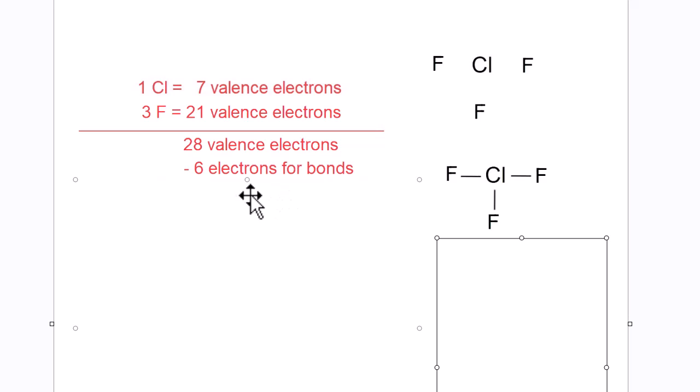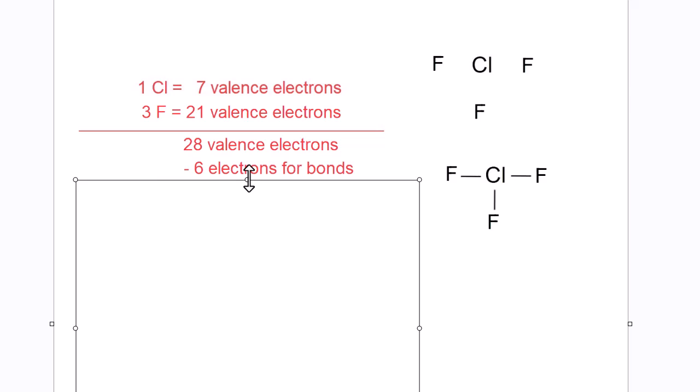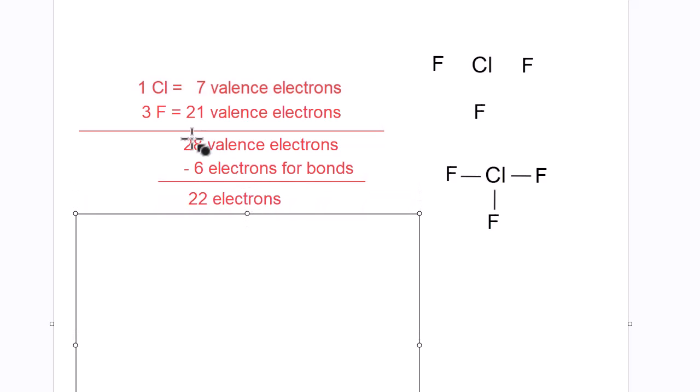That's what those lines stand for. It's nice showing them as a line indicating that there's a bond, but we know those are a pair, 2 electrons, and 1 orbital being shared by 2 atoms. So that removes 6 of these 28. That leaves 22 electrons to be somehow distributed around here.